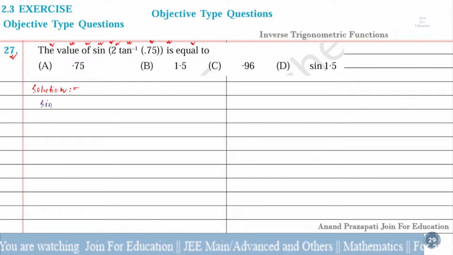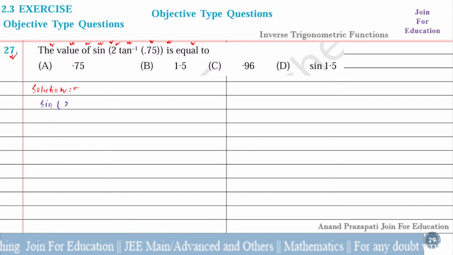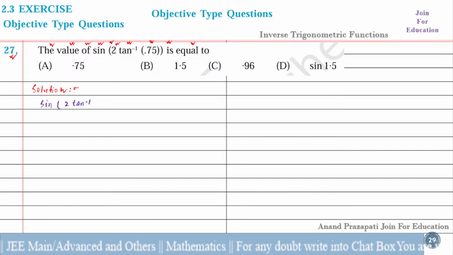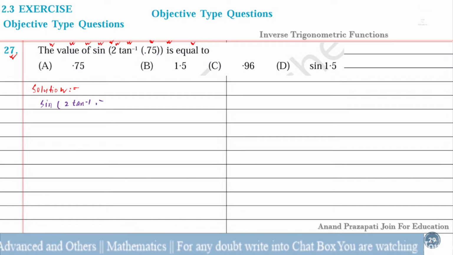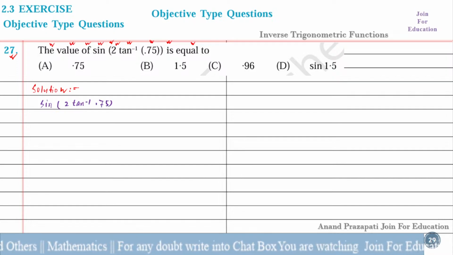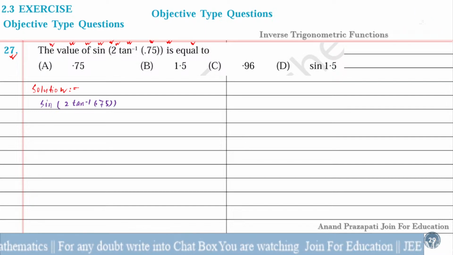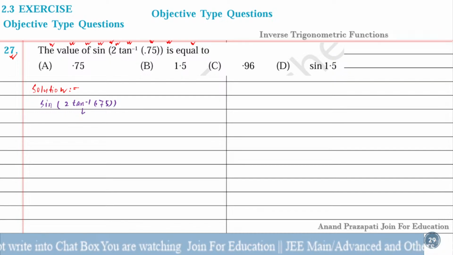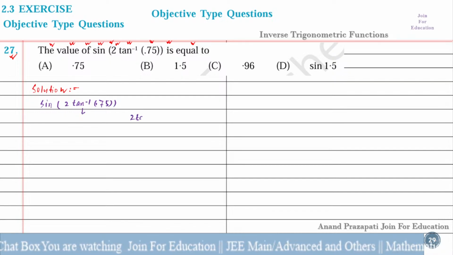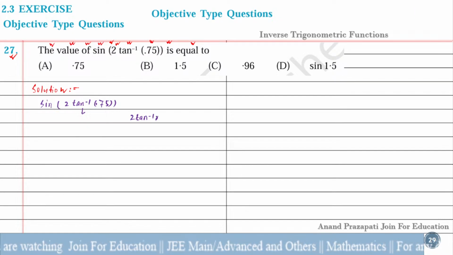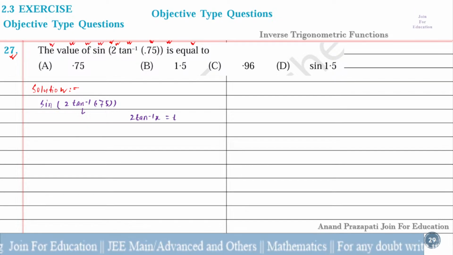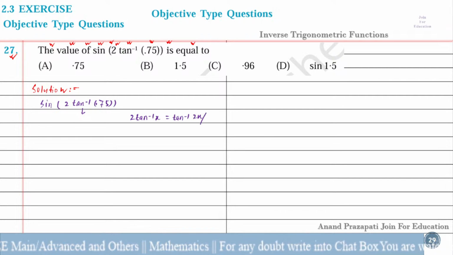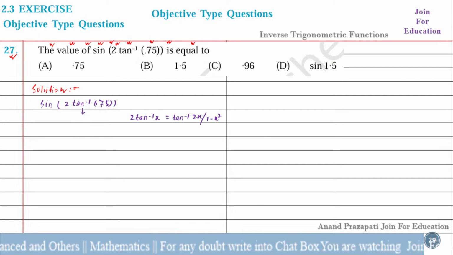Sin of (2 tan inverse 0.75). So we recall the formula for this one. We know that 2 tan inverse x equal to tan inverse 2x by 1 minus x square.